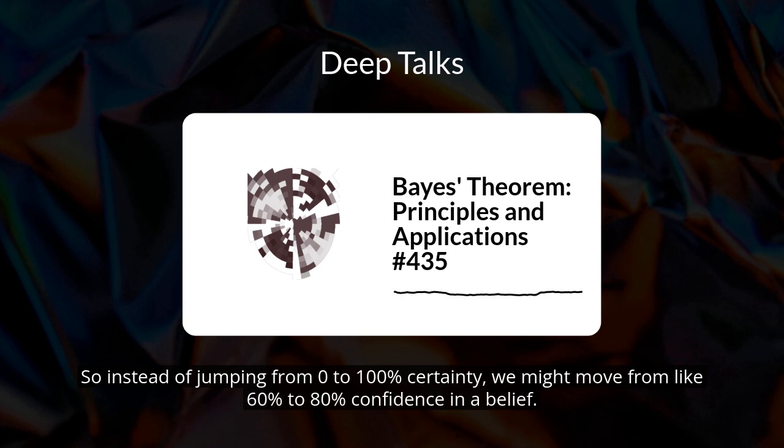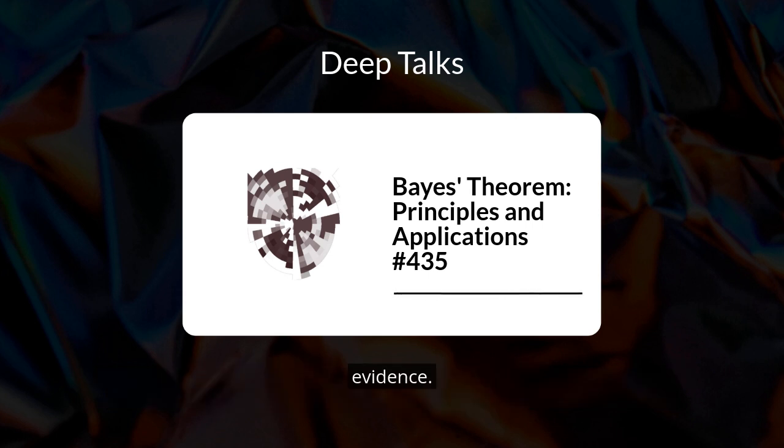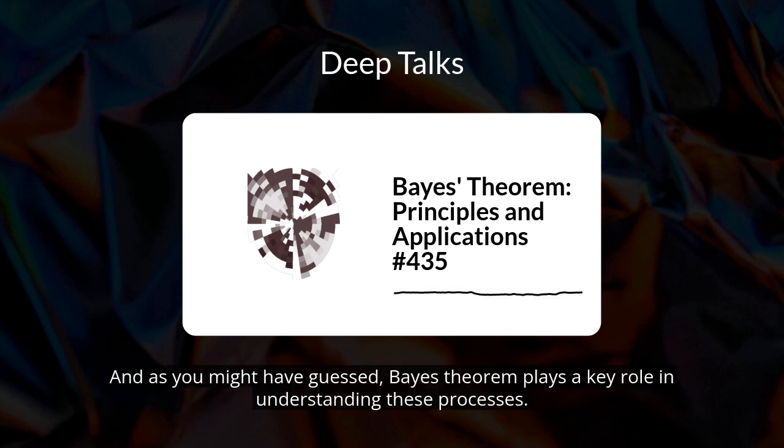So instead of jumping from 0 to 100% certainty, we might move from 60% to 80% confidence in a belief. Exactly. And both simple conditioning and Jeffrey conditioning can be seen as ways of rationally updating our beliefs based on new evidence. And as you might have guessed, Bayes' theorem plays a key role in understanding these processes.